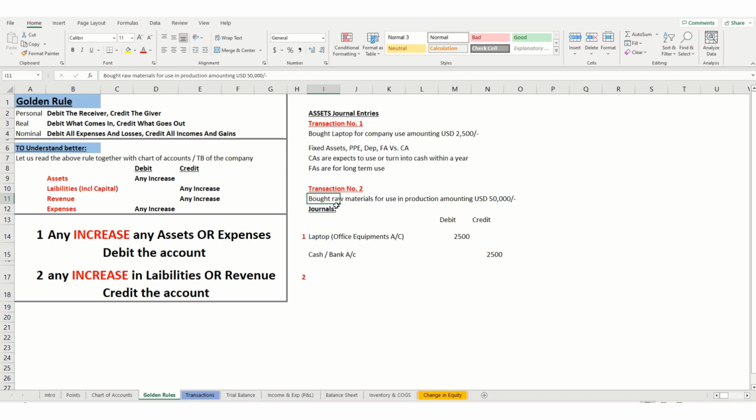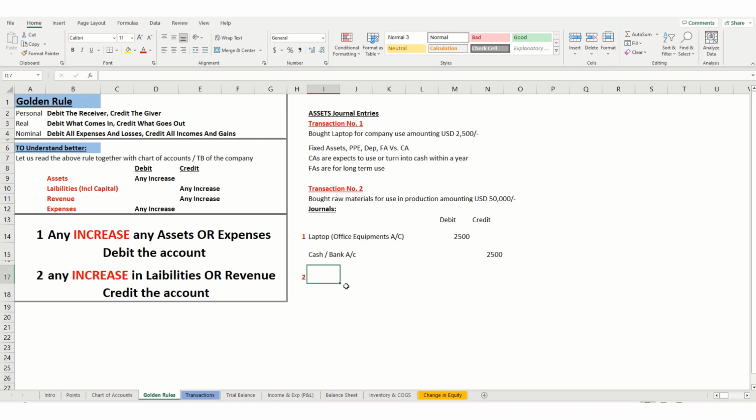This is also an asset, but what type of asset is that? These raw materials we are going to use within 1 year, within this year, and they will be converted into finished goods within this year. So this is a current asset, right? So we will debit, because raw materials are increasing here.